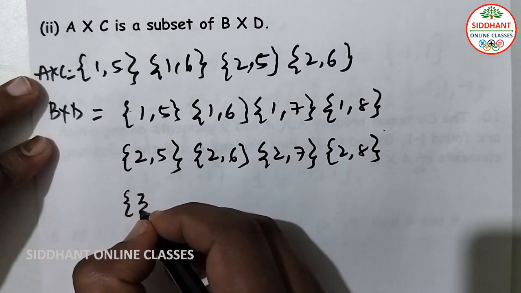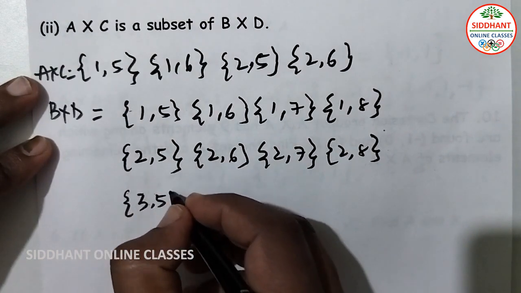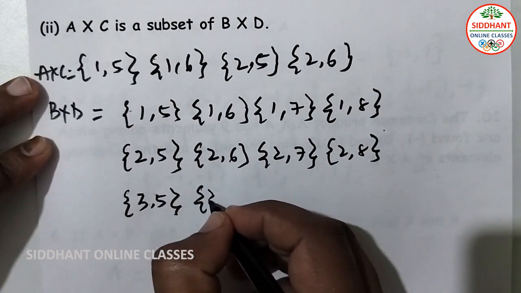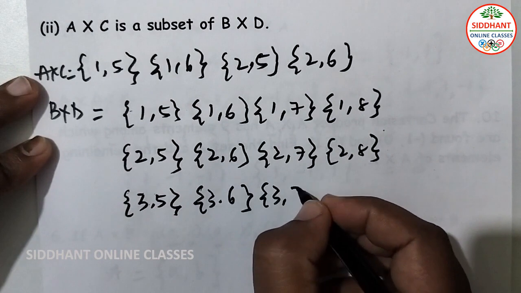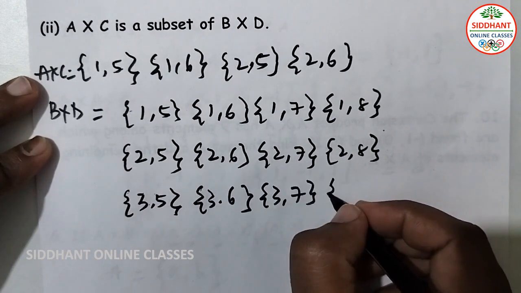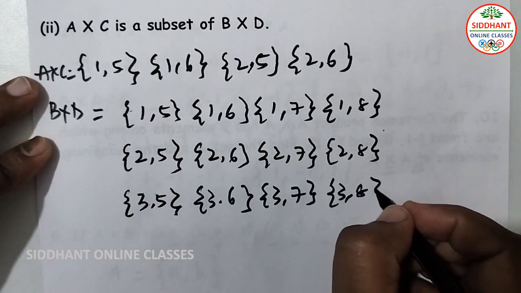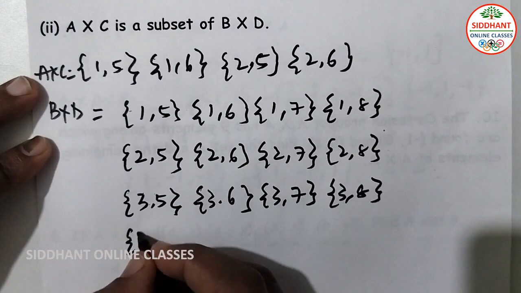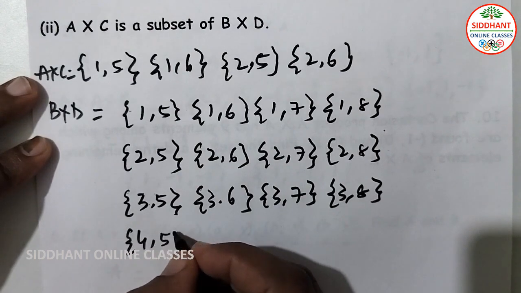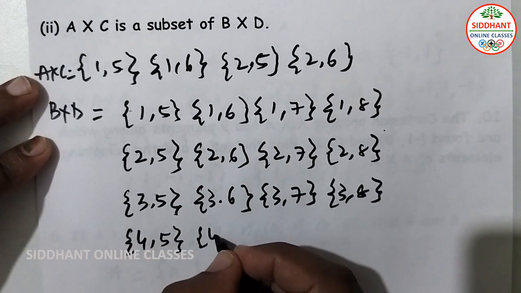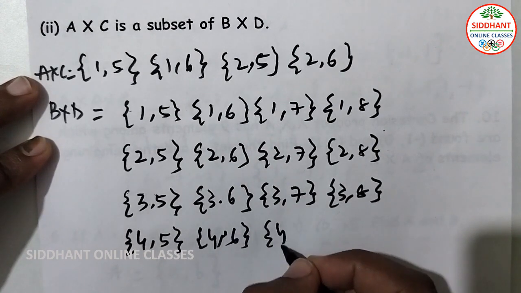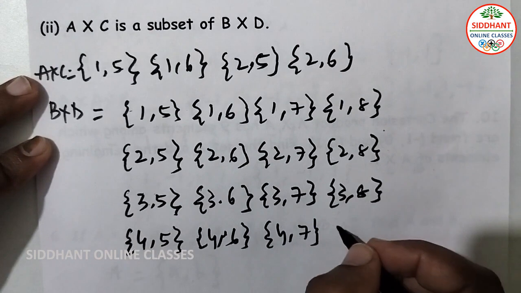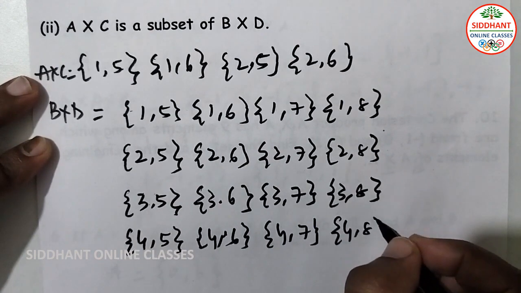Next we can say 3, 5, 3, 6, 3, 7, 3, 8. Next 4, 5, 4, 6, 4, 7, 4, 8.